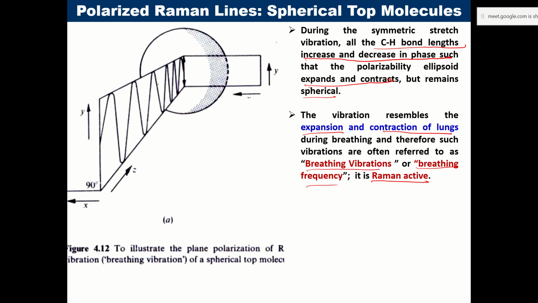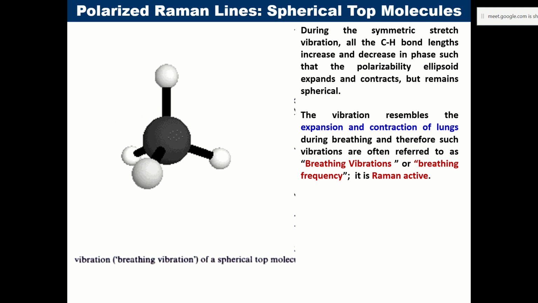In addition to that, it has also been observed that these Raman lines, these Raman signals, or Raman scattered light, are also plane polarized, and that's what we are trying to understand, how this polarization of the scattered light happens, उस मैकेनिज्म को हम समझने की कोशिश कर रहे हैं. So first you should be able to understand why we call it breathing vibrations.